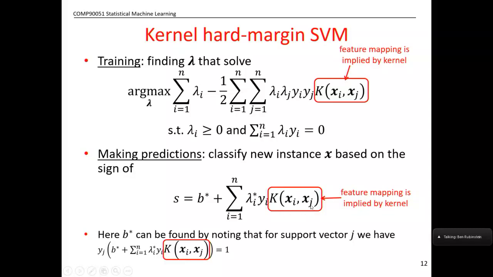Oh, this shouldn't have a J here. Let me fix that. That's supposed to be the test instance. This doesn't matter for xi's that have lambda i equals 0, because whatever this is, the 0 kills it, right?